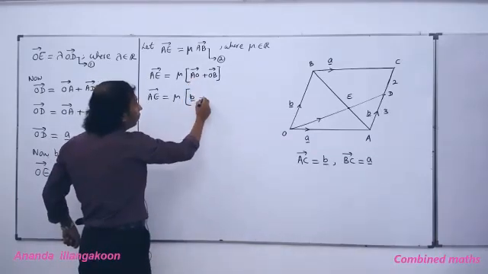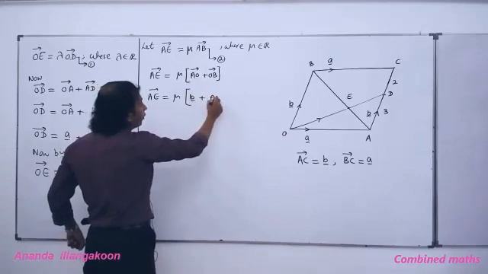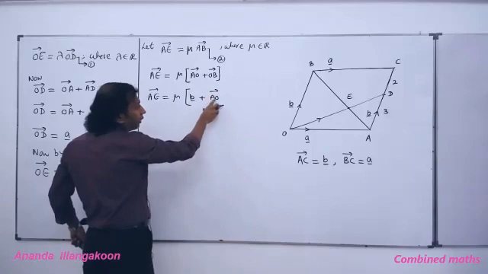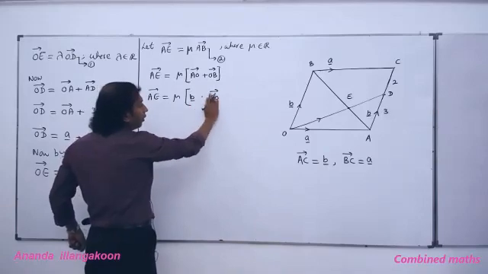Well, now we have to write this plus AO. But you know, I can interchange the order of the letters, and then an extra minus sign comes before. So this AO vector I am going to write as minus OA vector.